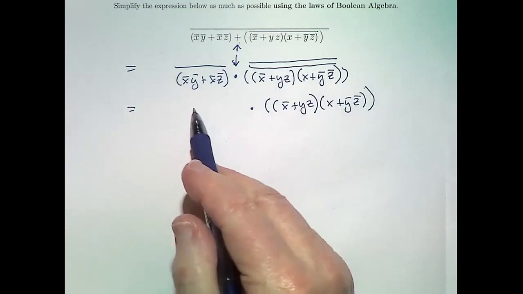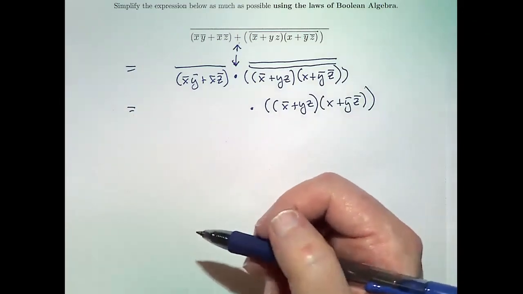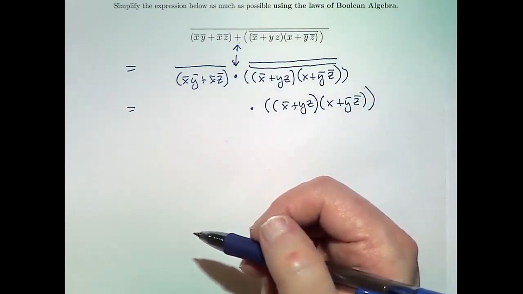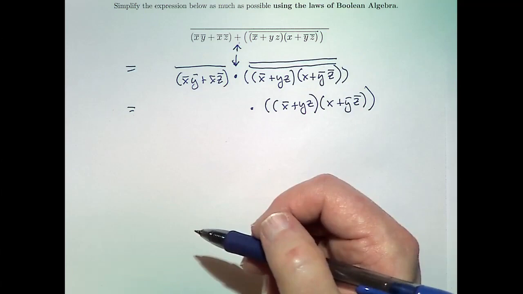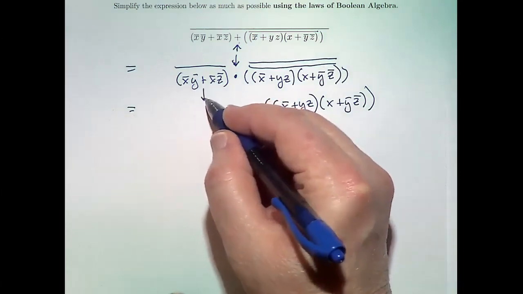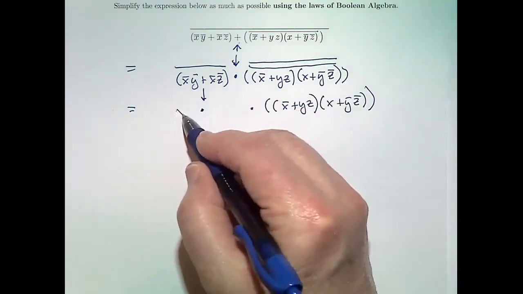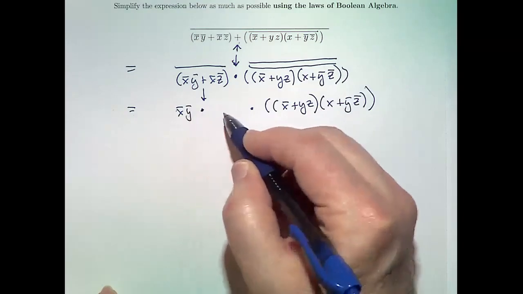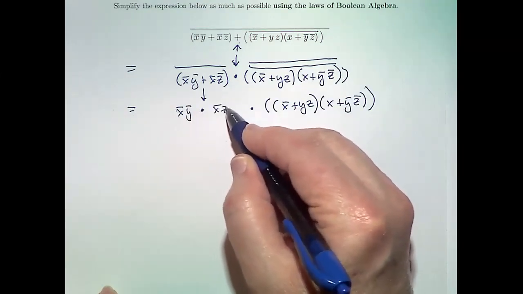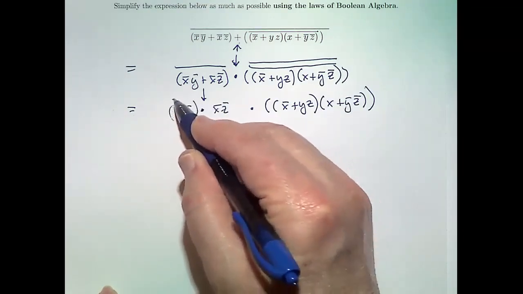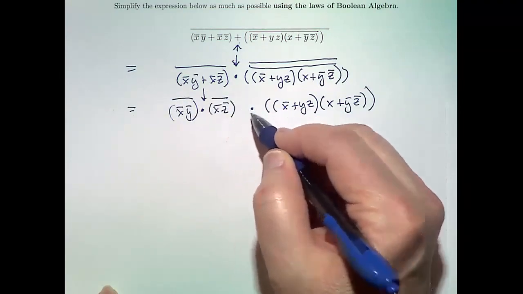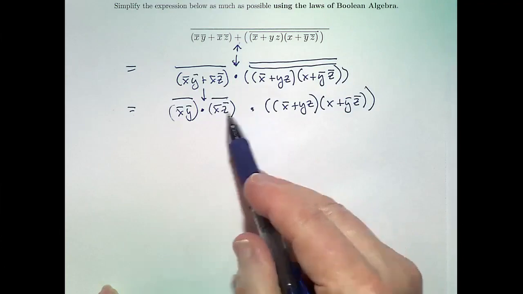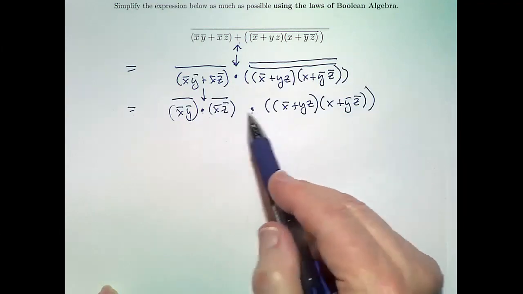Okay, what happens here? Okay, so this becomes an and, so we have x bar, y bar on this side, and x bar, z bar on this side, and we complement them. I don't actually need to put parentheses now because these are the same operations.